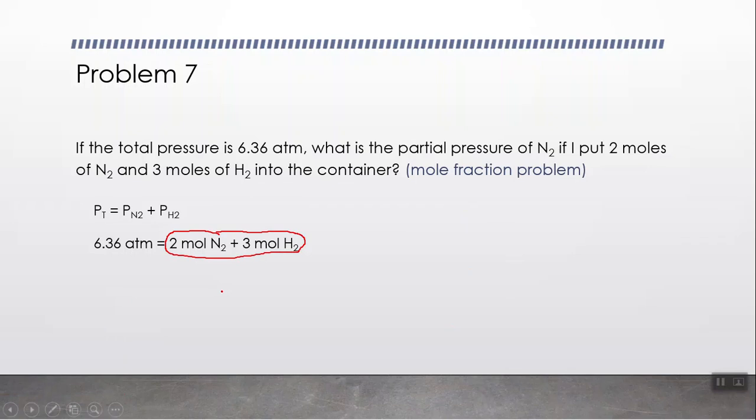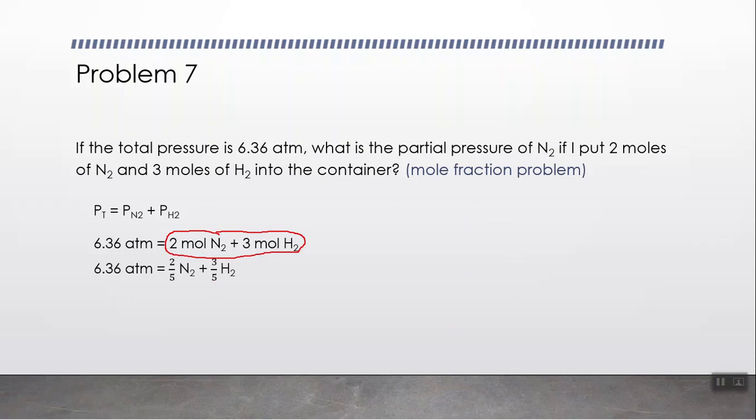If we put that into fraction form, 2/5 of it is nitrogen and 3/5 of it is hydrogen. Now, if you hate fractions, and I know we never deal with fractions in chemistry, you can convert that to percentages, that's fine. You're just doing one extra step to solve this problem.